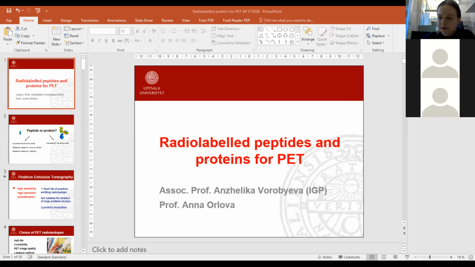And at the same time, we are looking at the labeling chemistry, the way that our radiolabel can be attached to the molecule of interest. We're also looking at the biological properties of the molecule, that it's still able to be functional.